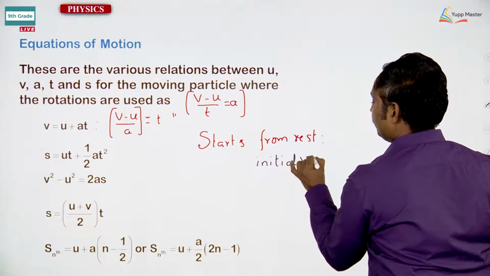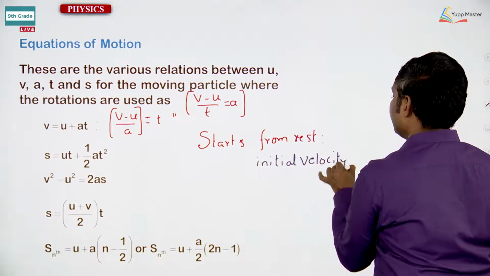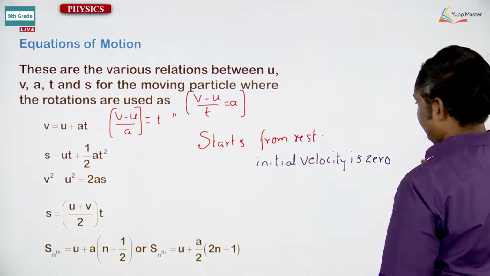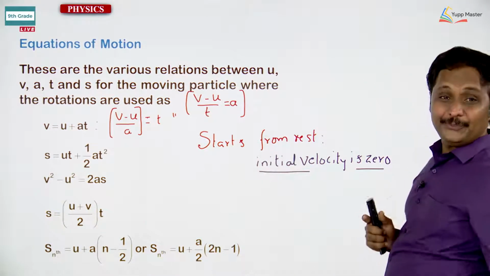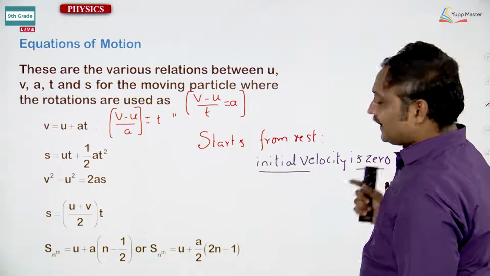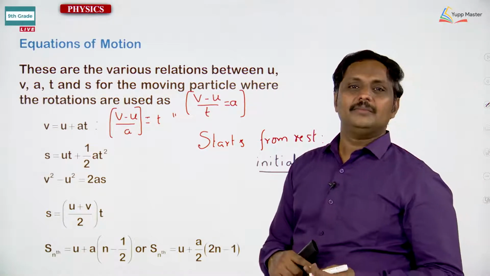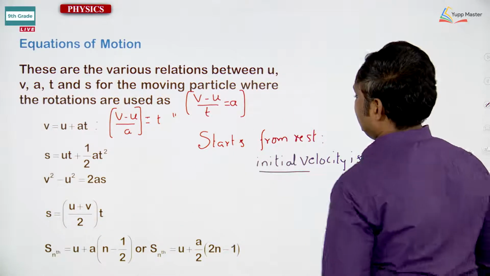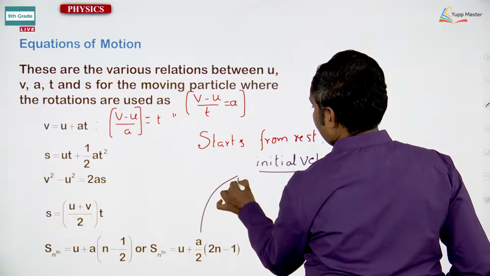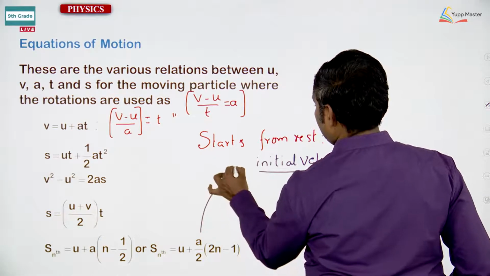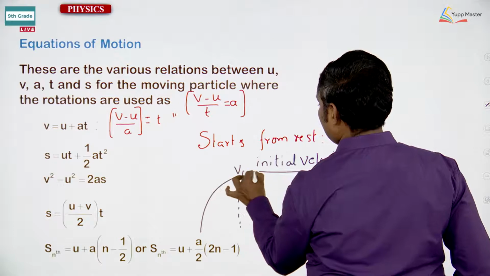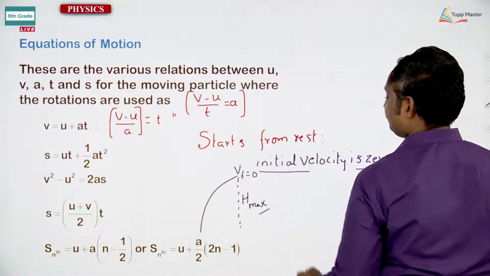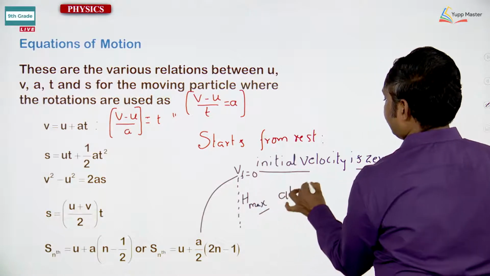At the same time, the final velocity is 0 at maximum height: when it reaches the maximum height, v final is equal to 0 at h maximum.